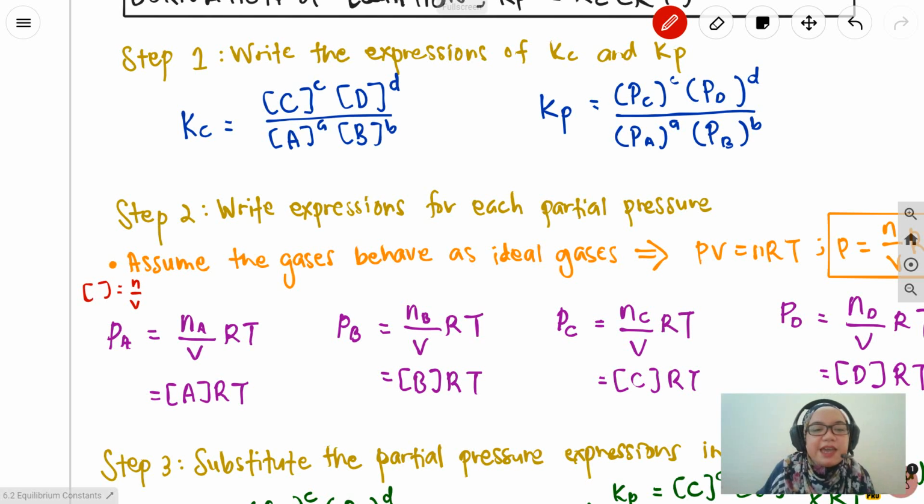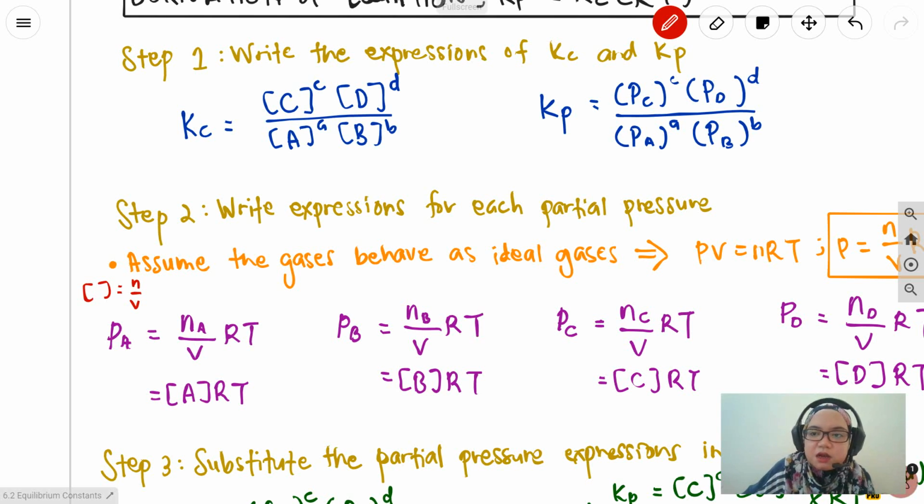So we know that nA over V is equal to concentration of A. So partial pressure A is concentration of A times RT. Same goes for PB, PC, and PD, for partial pressure B, partial pressure C, and partial pressure D. So we convert the number of moles of B over volume into concentration of B. Okay, you can see here.